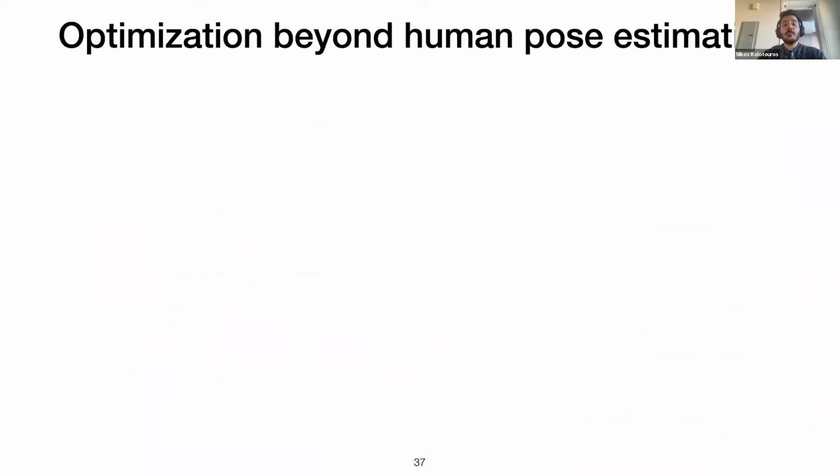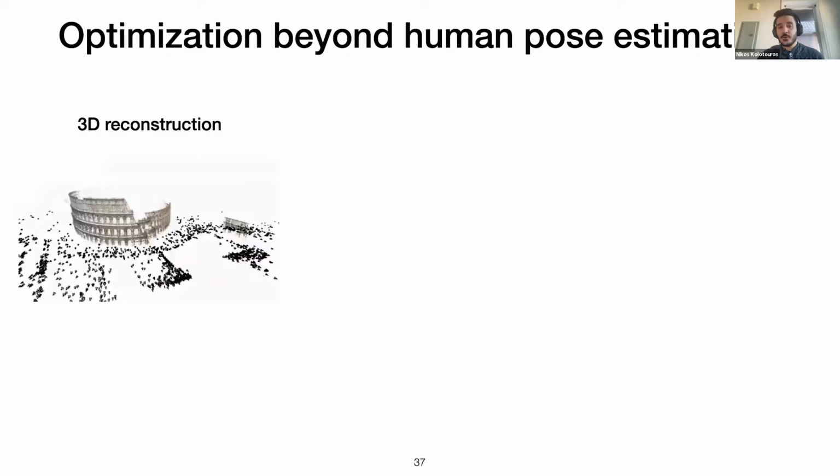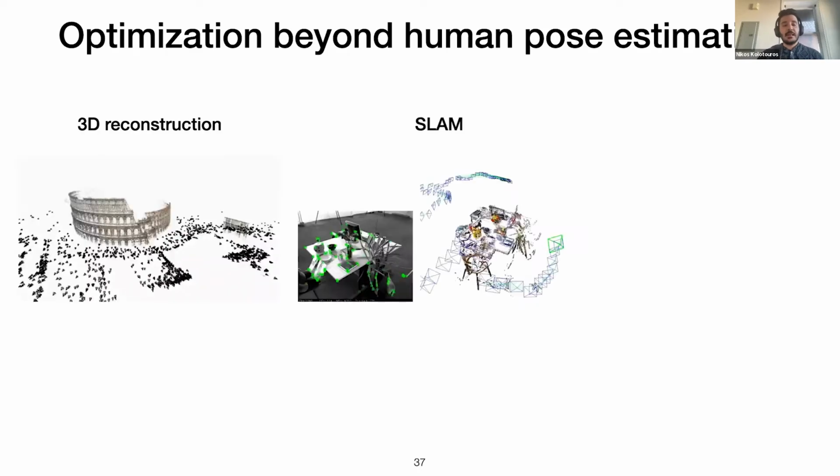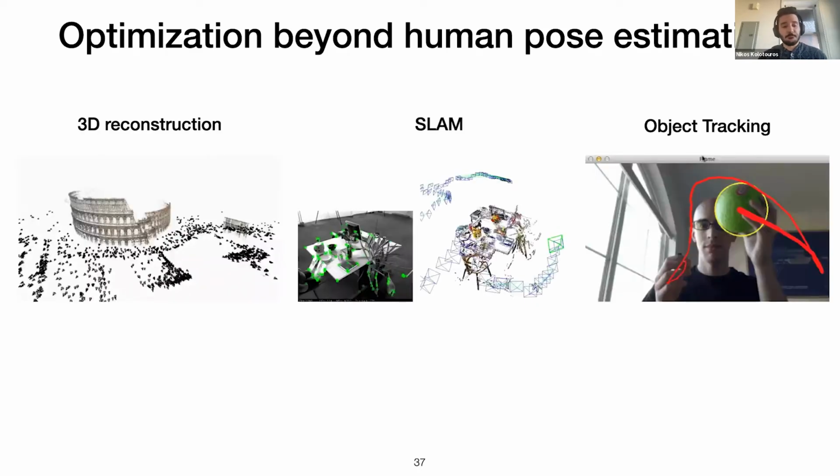It's worth also mentioning here that our in-the-loop optimization is not limited to 3D human pose estimation and has a lot of unexplored potential. It can be applied to much more general settings where obtaining annotations is very hard. Potential applications include general 3D reconstruction, SLAM, or even tracking.